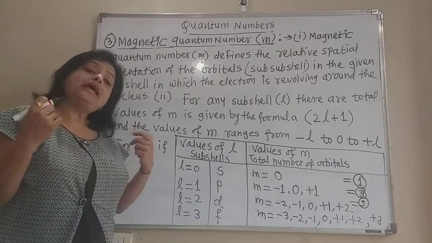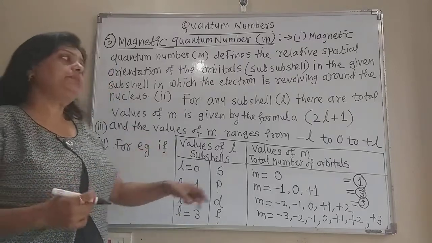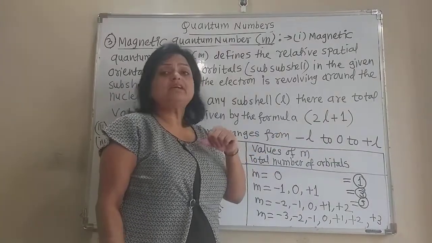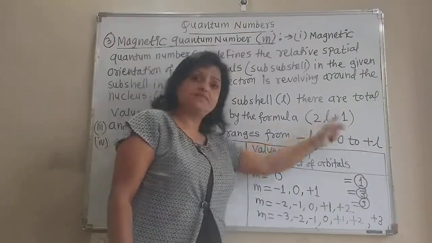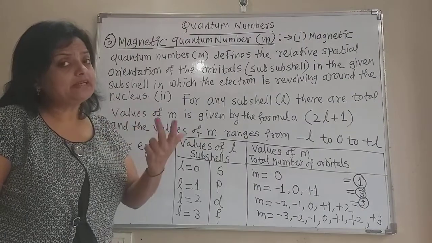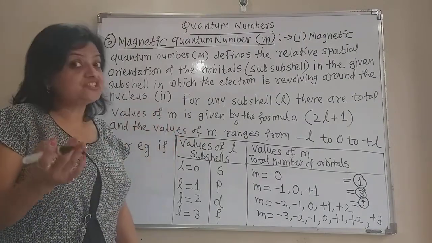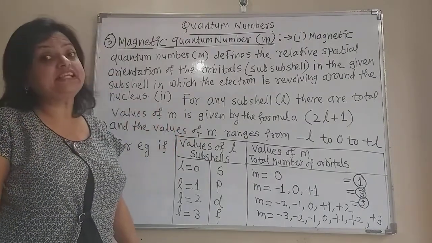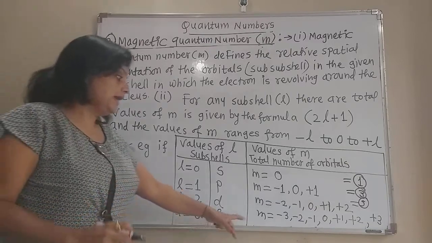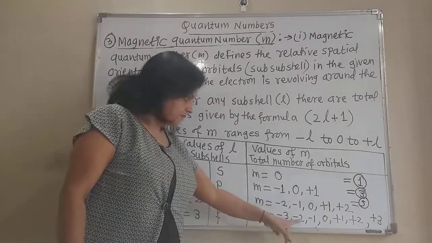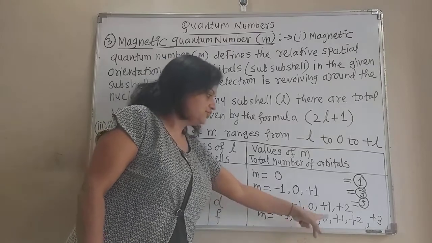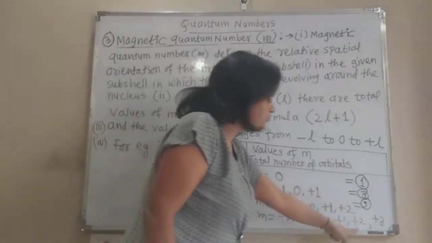Now if L is equal to 3, there are 7 orbitals: 3 into 2, 6, plus 1, 7. These 7 orbitals range from minus 3, 0 to plus 3. That means M is equal to minus 3, minus 2, minus 1, 0, plus 1, plus 2, plus 3.